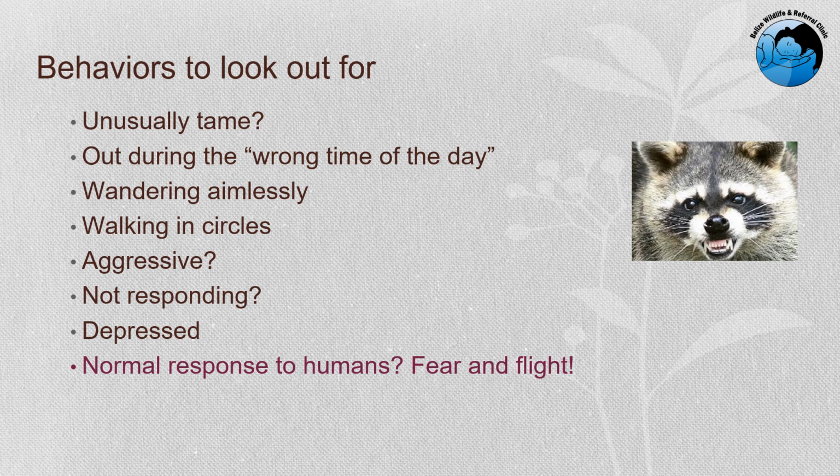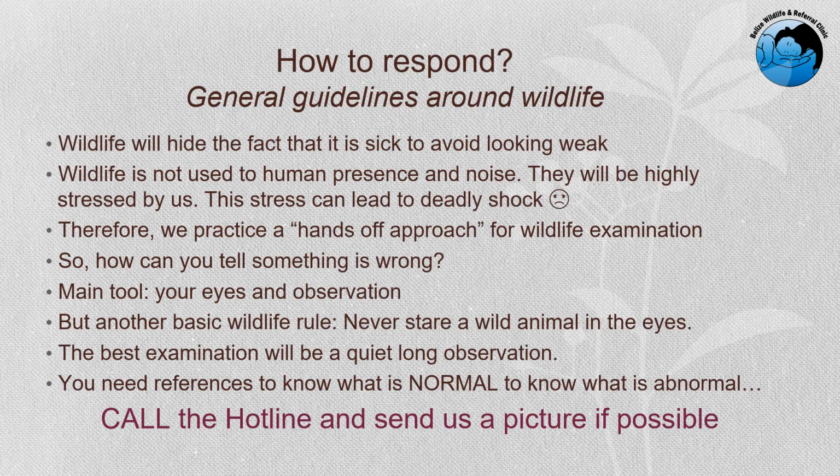And if it's aggressive or not responding, or if it's depressed, that would show something out of the normal, and that would all point to rabies. Normal response to humans, as I mentioned before, is always fear and flight. They will be afraid of you and they will go away, right? So these would be the things to look out for when assessing.